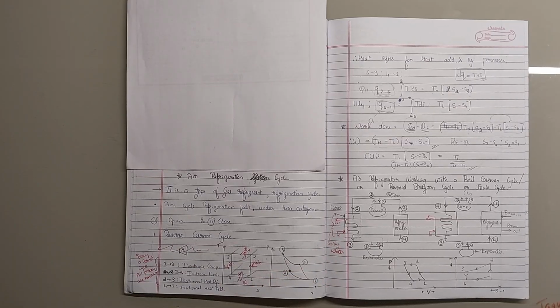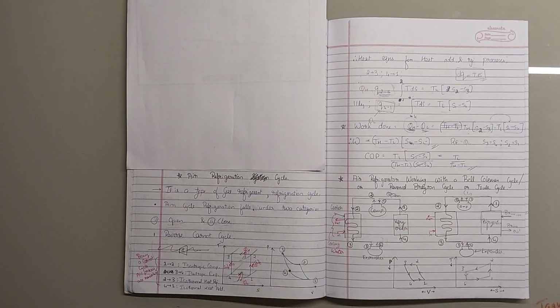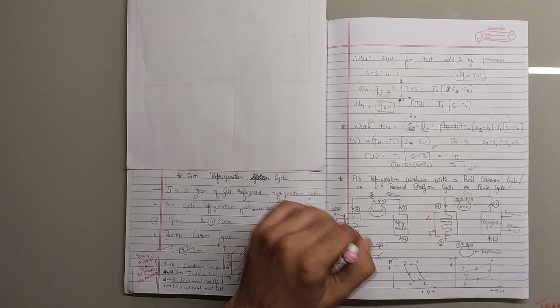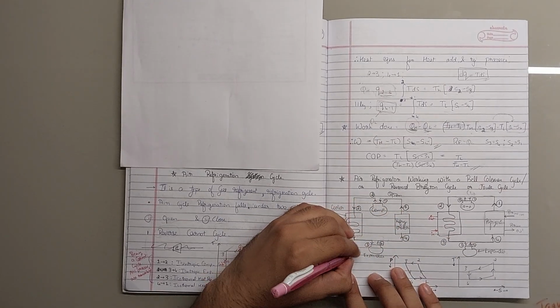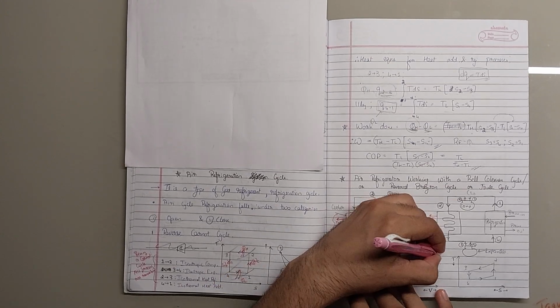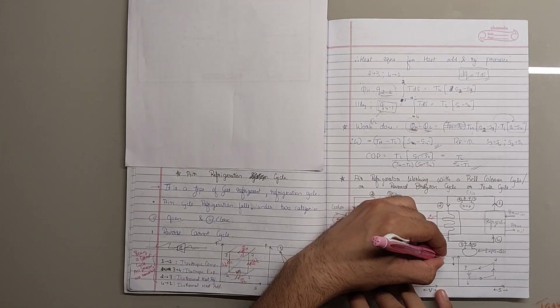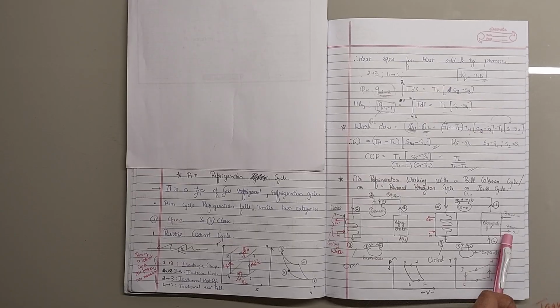So talking about that further, there are two types of Bell Coleman cycles. Now these are Bell Coleman refrigeration systems. This is the open type and this is the closed type, wherein the main difference is this part.